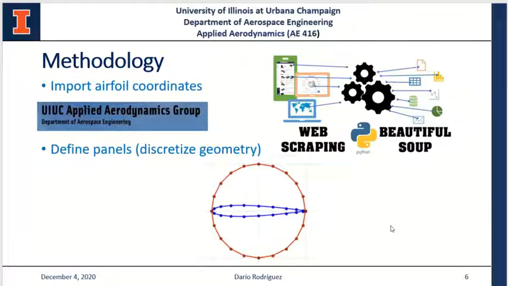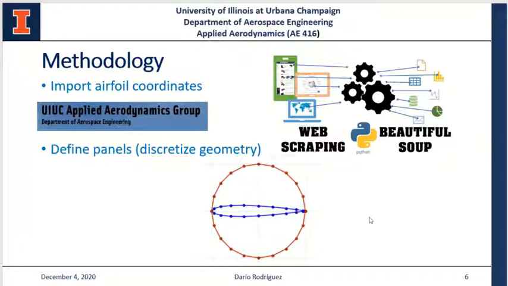Once I got the coordinates of the airfoil imported to the script, depending on what the user wants, he can choose how many panels he wants. According to that, a cosine distribution is created, as you can see in the red circle in the figure below.